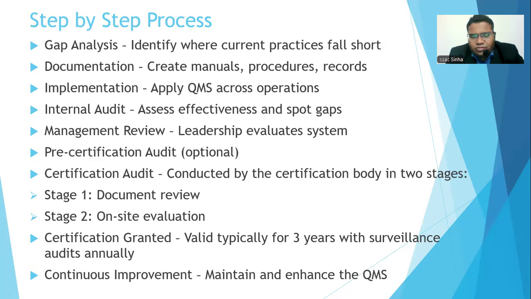So there is going to be a pyramid in which you will have your quality manual at the top, or you can say the apex manual, and then you'll have your procedures, then your records, and finally the forms and formats that will ensure that your documents are complete, compliant, and in control.